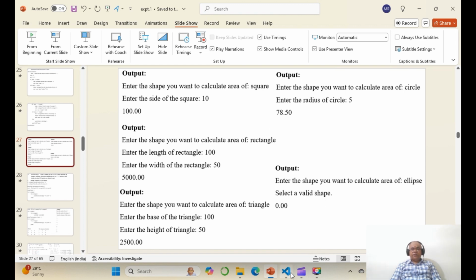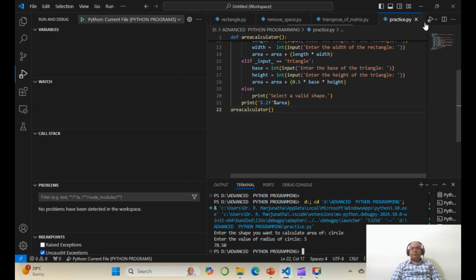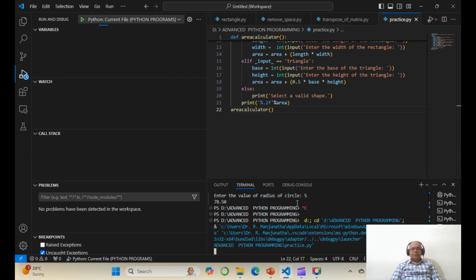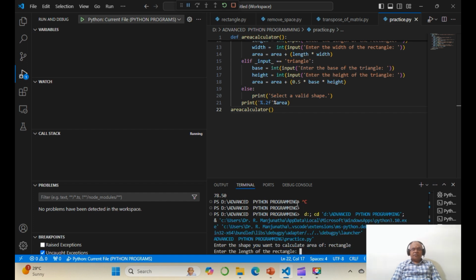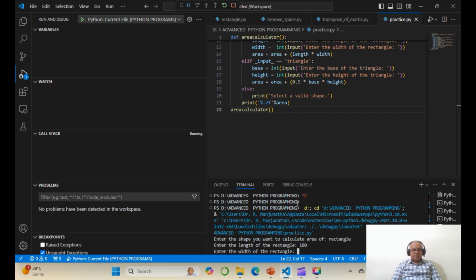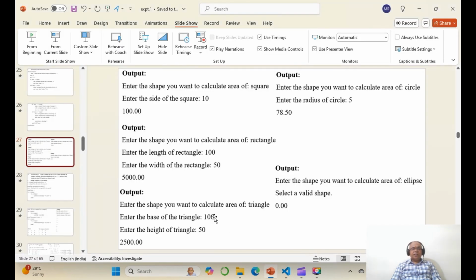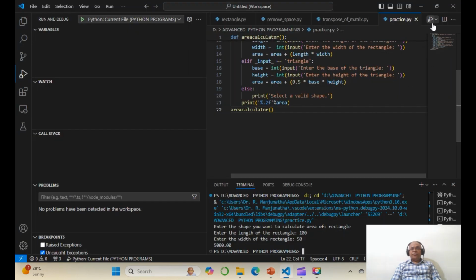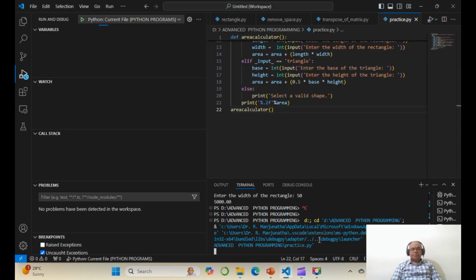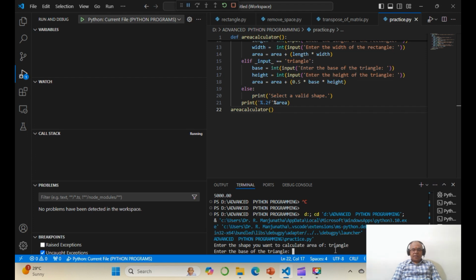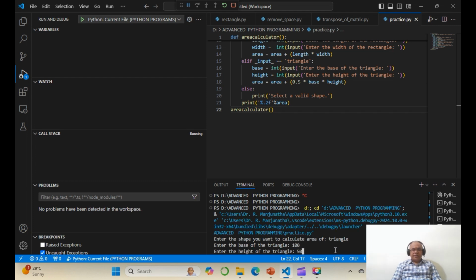Then I will find out for a rectangle. What is the length? It is 100, and this is 50. So 5,000 you are going to get. Now we go for the triangle, 100 into 50.